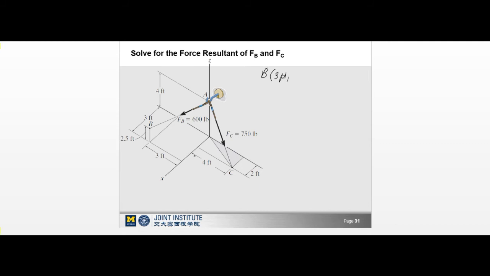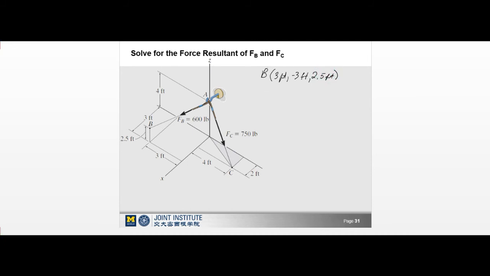So if you use the right-hand rule, from x to y, you put your fingers in the direction of x, curl towards y, and the z would be defined by your thumb. So that means we have negative 3 feet in the y direction, and in the z direction it's defined here 2.5 feet in the z-axis.